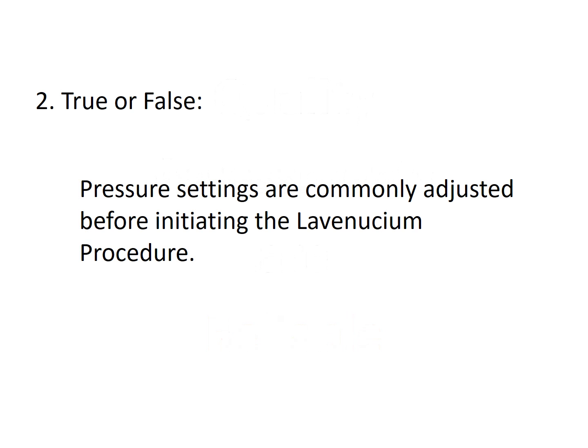But let me just give you a quick example based on the previous Lavanusian procedure example that was provided here. One of the items was a true or false. And the way it was worded was that pressure settings are commonly adjusted before initiating the Lavanusian procedure.